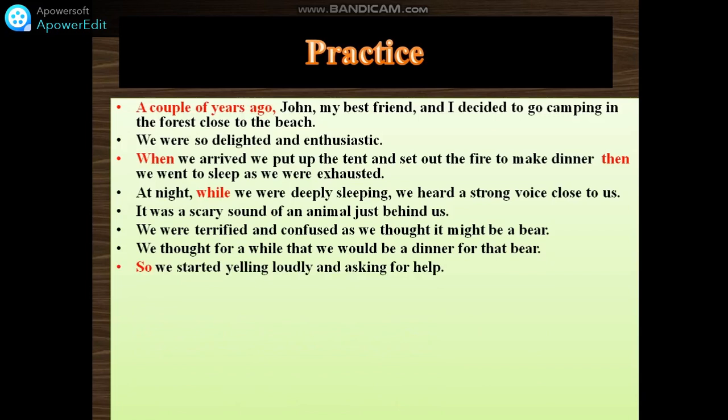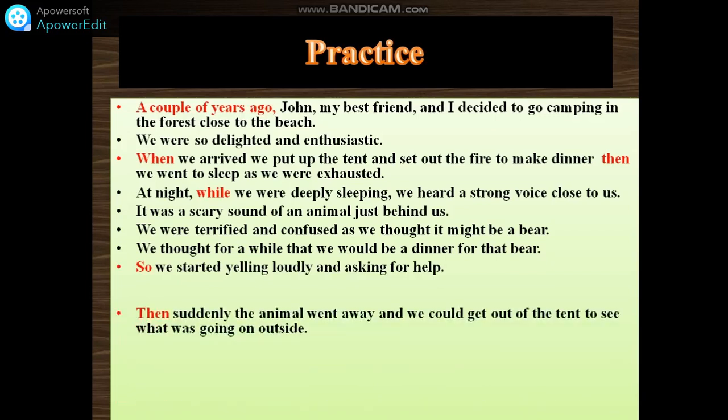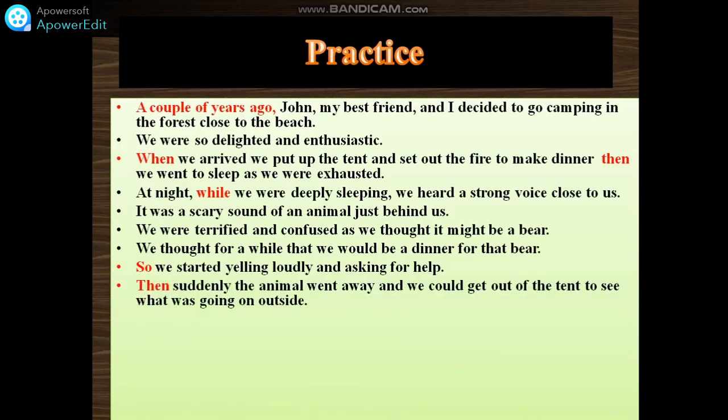Fear here. So we started yelling loudly and asking for help. Then suddenly the animal went away and we could get out of the tent to see what was going on outside.